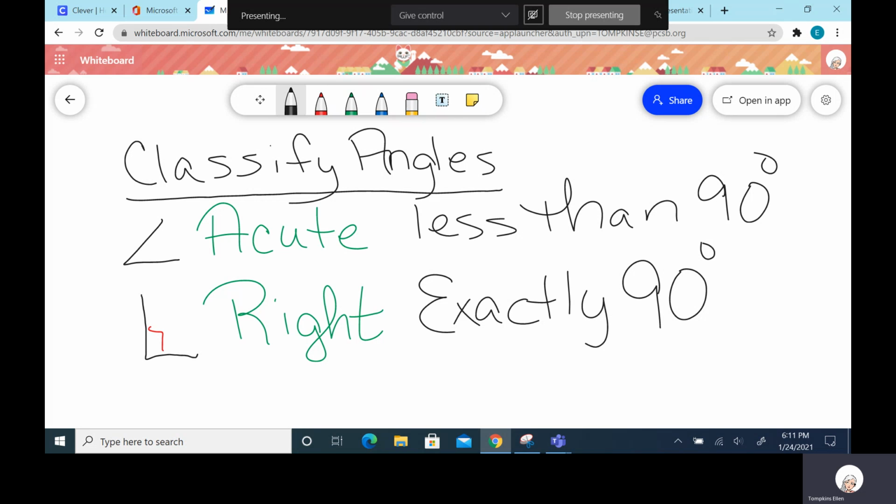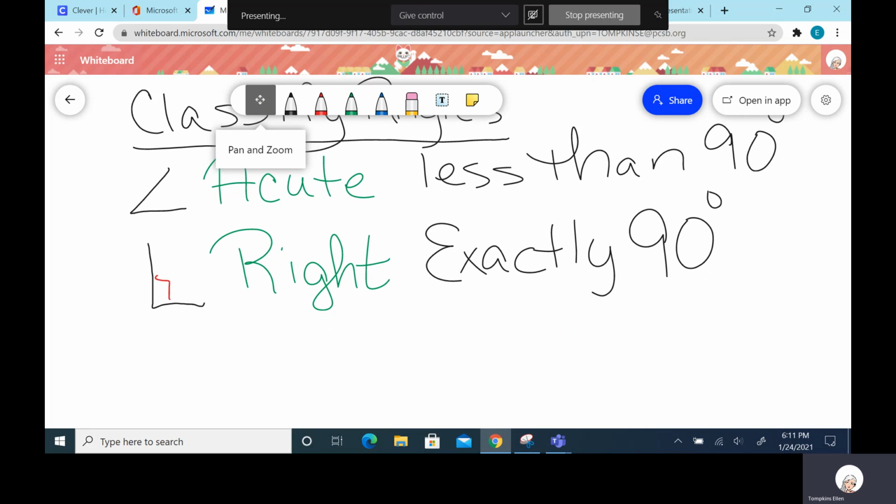It looks like the letter L, and if you don't have that red box labeled on it, then you don't know if it's a right angle or not. It could look like a right angle, but without that little box, it's not necessarily a right angle. It doesn't have to be red, but they usually are.